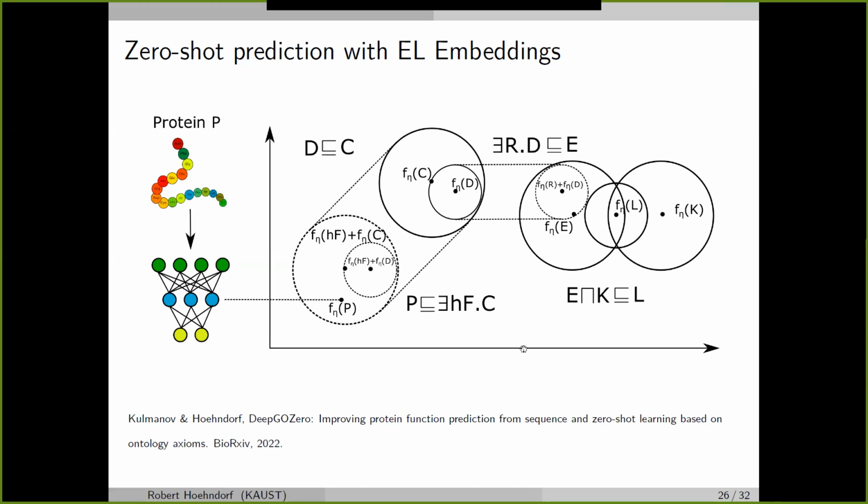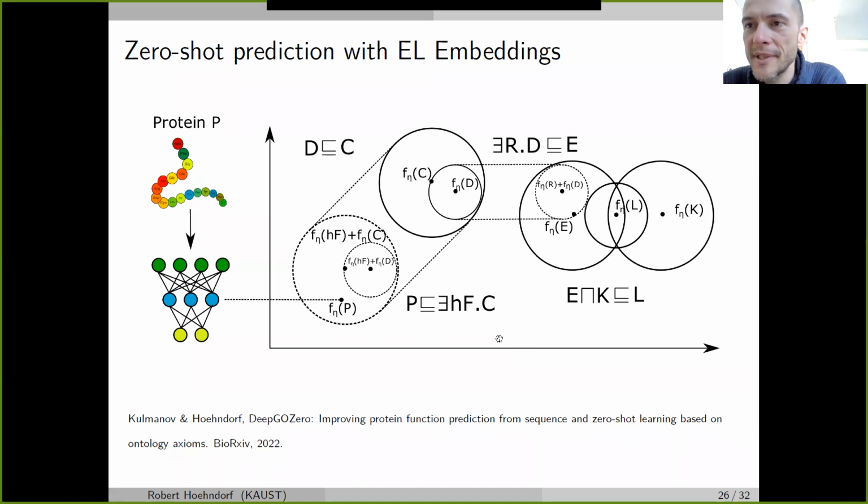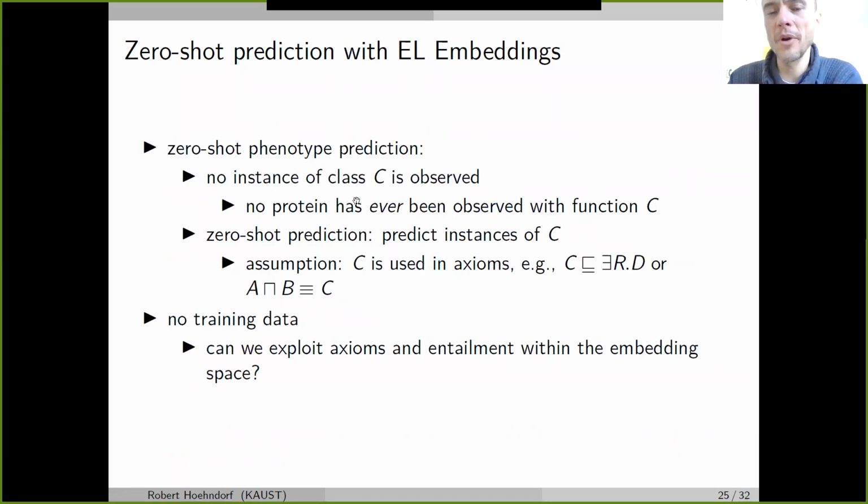But they're trained jointly. Zero shot, meaning that you use only one subject for training? What we mean by zero shot is that we do not have a single protein which has the function C. So we have never seen it, so it's zero shot. It's zero shot here for a particular class.